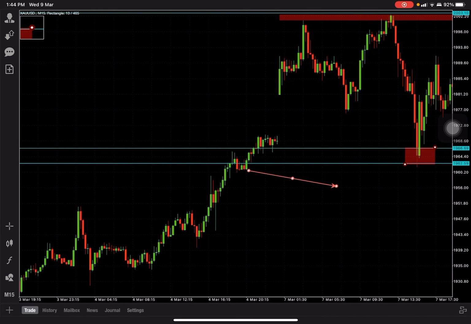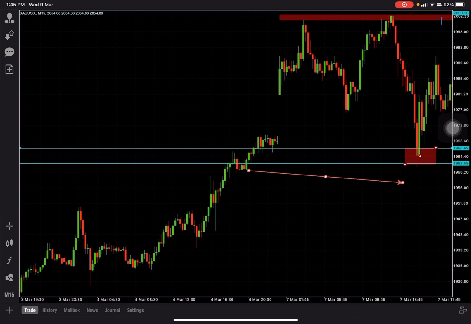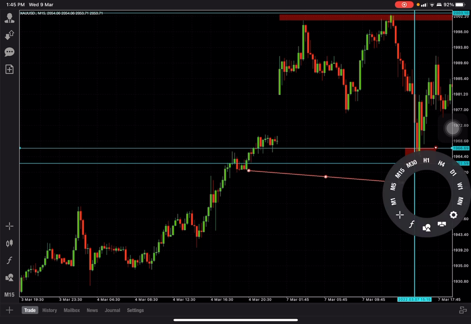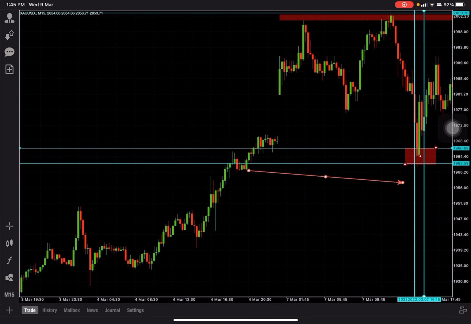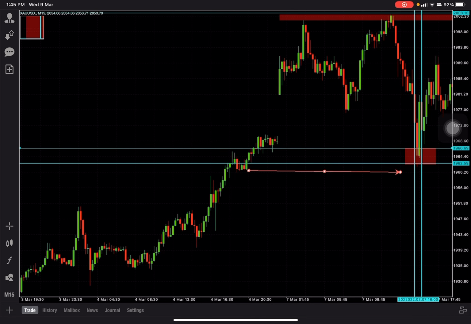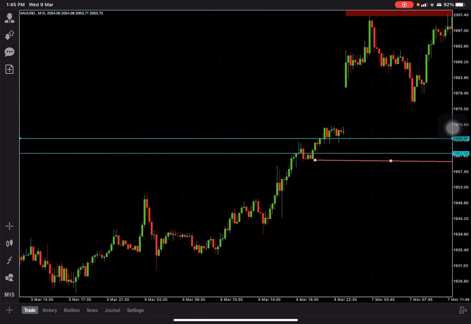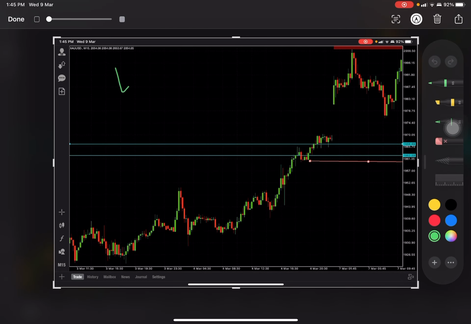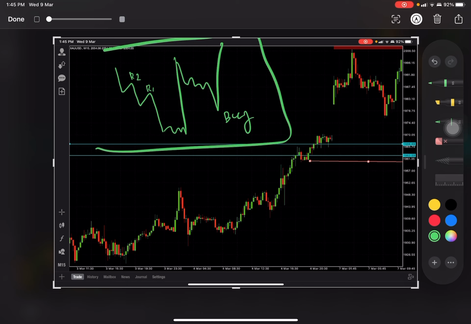As usual, once the price comes into the zone, what you need to do is to open M1 or M5 to find our secret pattern, my secret pattern, which should look like this. Break resistance, and we wait and we buy.